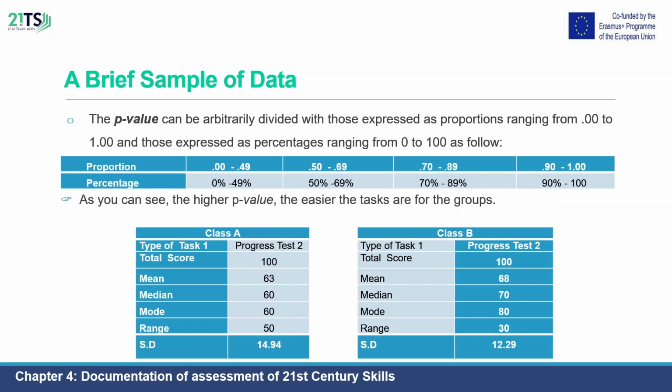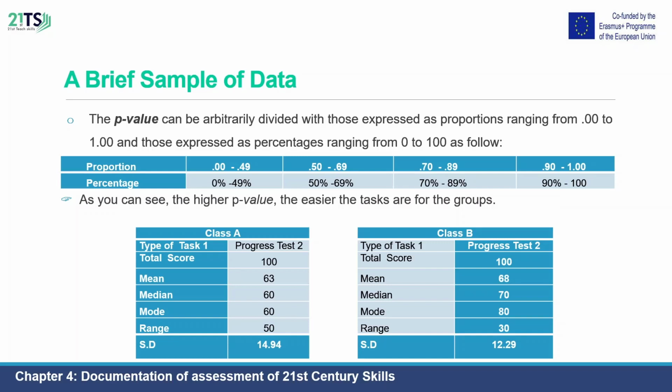The p-value can be expressed as a proportion ranging from 0.00 to 1.00, or as a percentage ranging from 0 to 100, as follows.